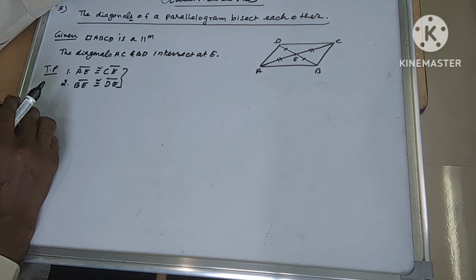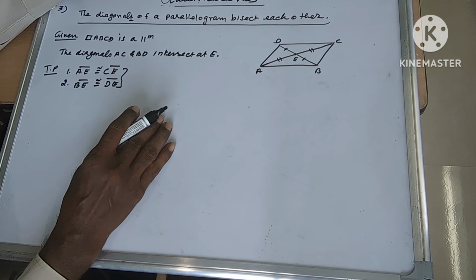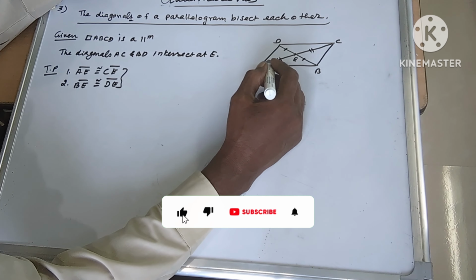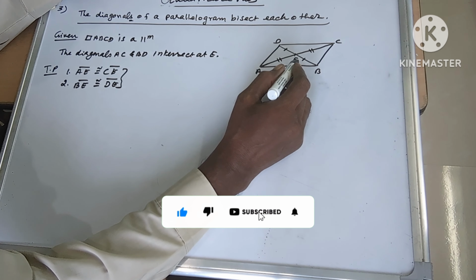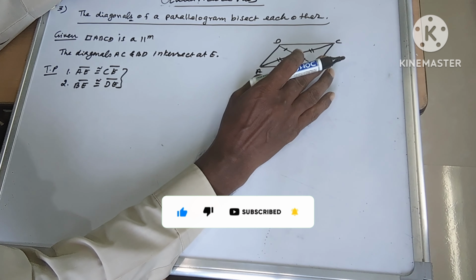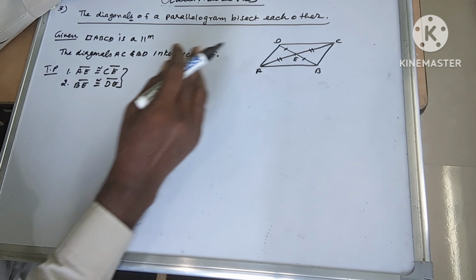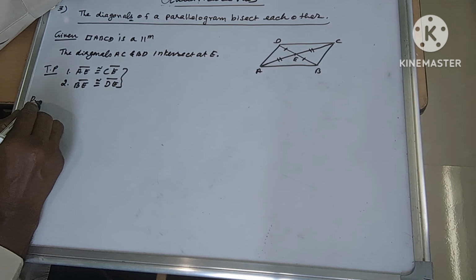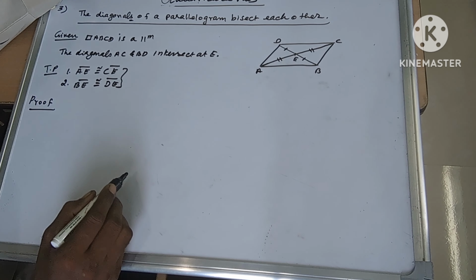So here already we have the diagonals joined. So now we take two triangles. Proof.